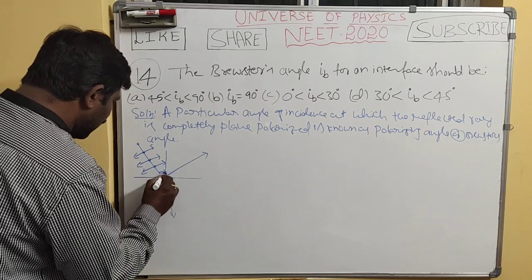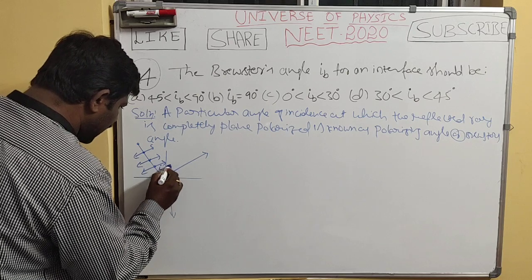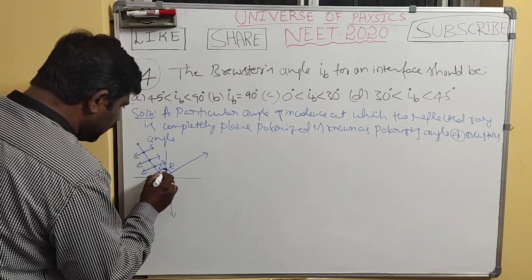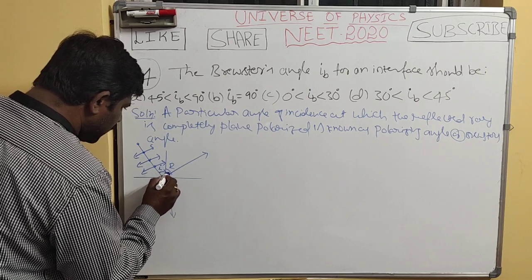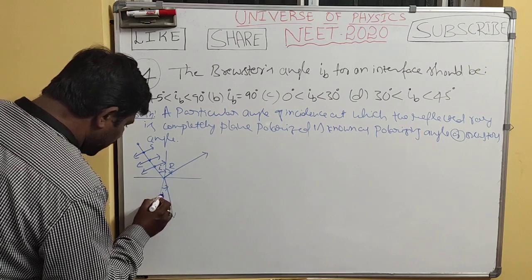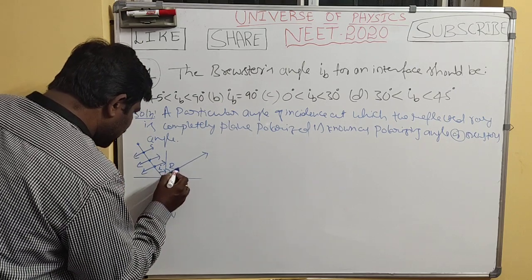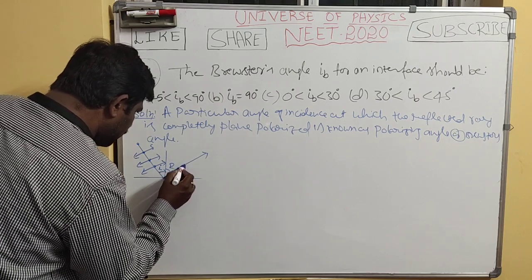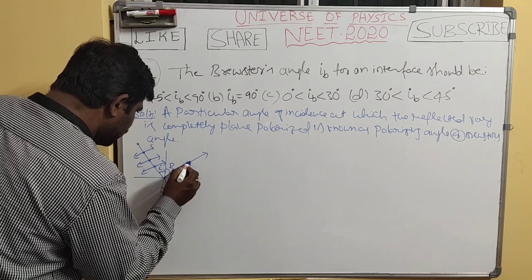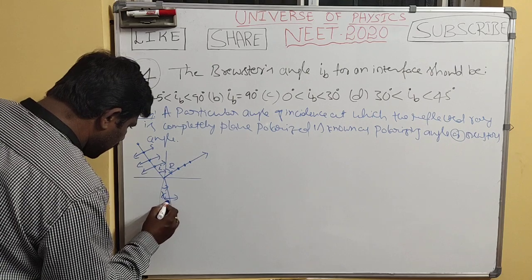This is the angle of incidence and this is the angle of reflection, and this is the angle of refraction. This is completely plane polarized light. This is partially plane polarized light.